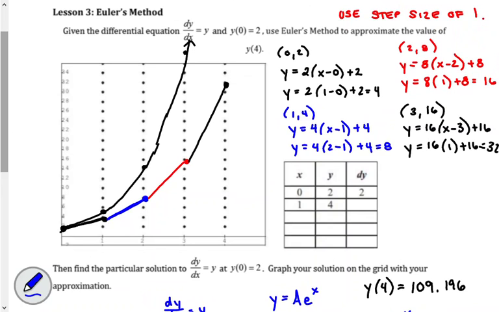I like to say dy equals, and then I like to write what dy equals. So if I had solved this for dy, what does dy equal? Y times dx. Okay, so dy equals our differential times delta x, right?